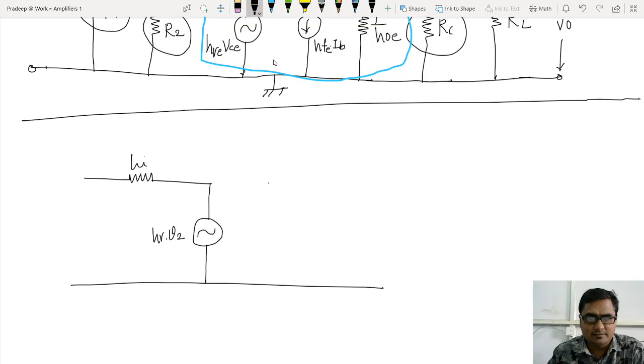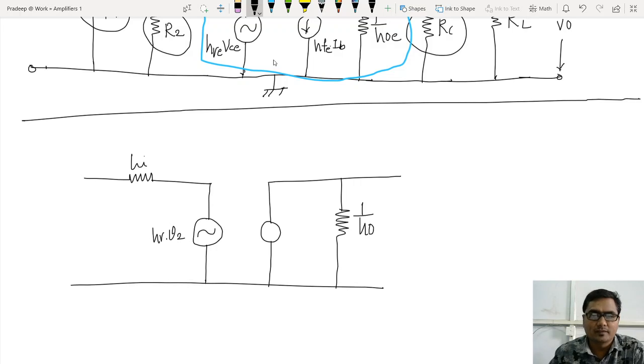Okay, in the output stage, I have a current source and one impedance in parallel with it. This impedance is 1 divided by HO, and this is a current source. What is that current source? It is HF multiplied by the input current II.